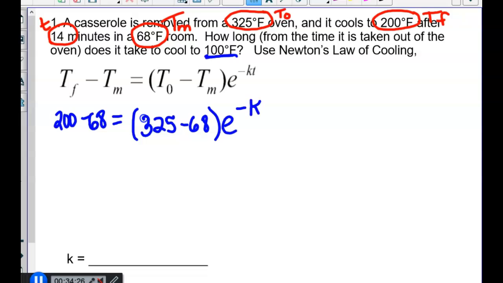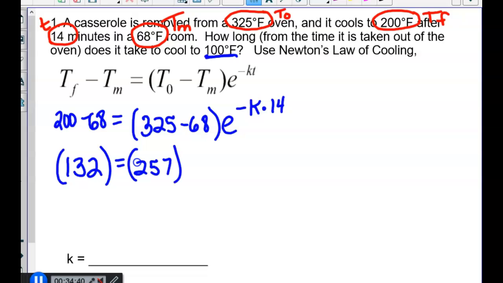E to the negative K times 14 minutes. Okay, so you subtract there and get 132. And over here we subtracted and got 257. And negative K times 14, I'm just writing negative 14K.